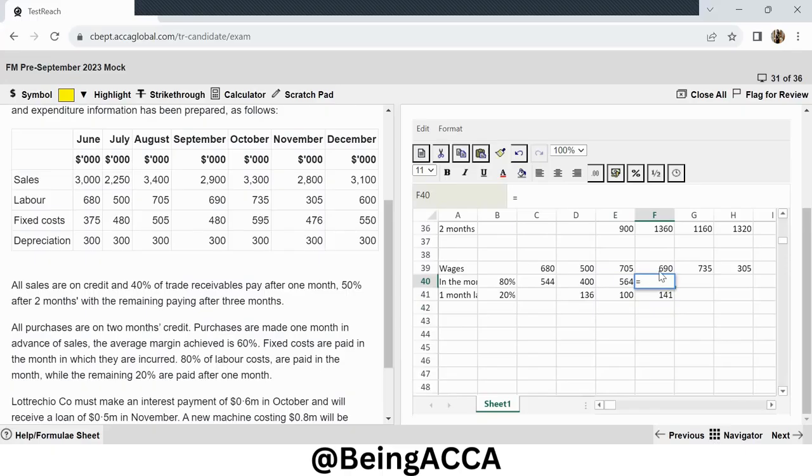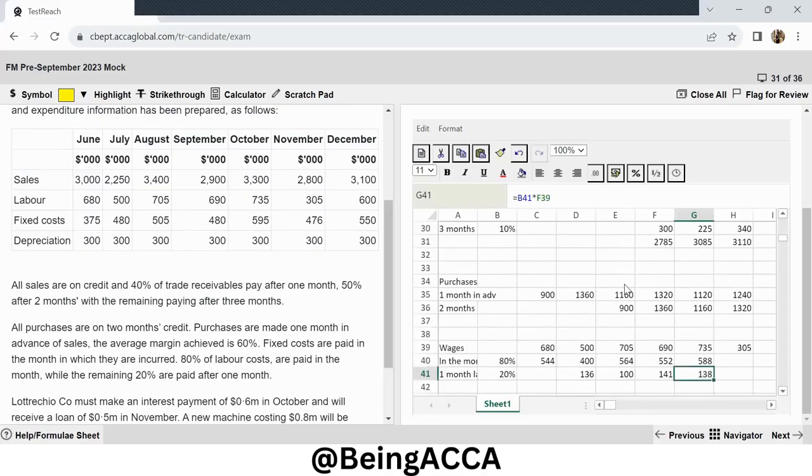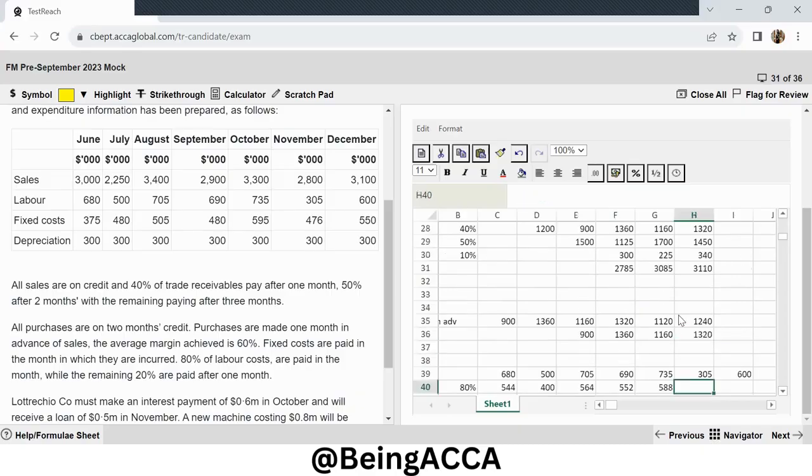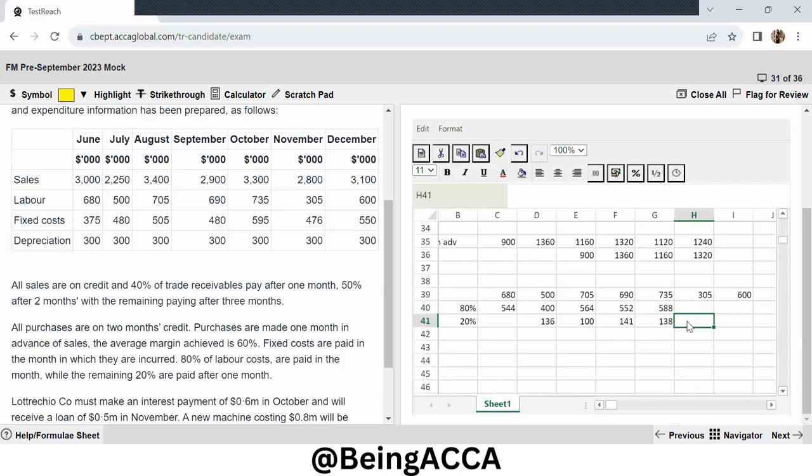Then again, I'm going to be paying 690 multiplied by 80%, so 552, and again 20% of 690, then I can have 80% of this in the same month. So I think, okay, we need it for November as well. So let's find that out. So in the next month, I'm going to be paying 735 into 20% and 80% of the 305 amount. So this comes out to be this much.